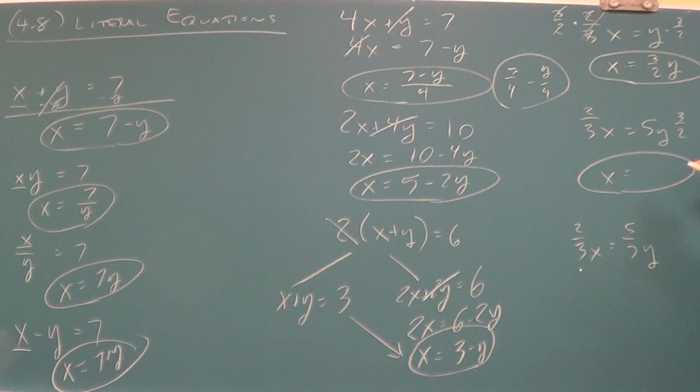So there's a 3 over 2 attacking this side. 5 is like it's over 1. Join that stuff all up. 15 over 2.